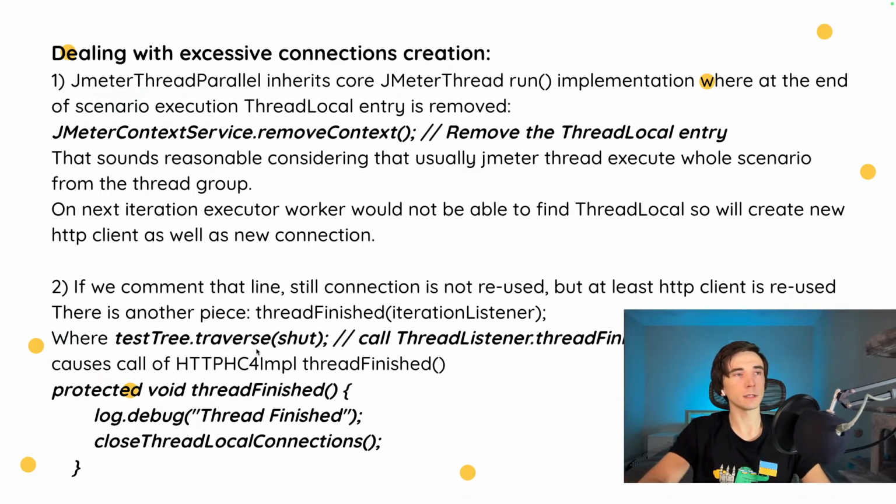In this case, there is another line, test tree traverse, which is calling thread listener thread finished, which causes a call of HTTP client implementation thread finished, and this thread finished is actually forcing the local connection of the current thread to close.